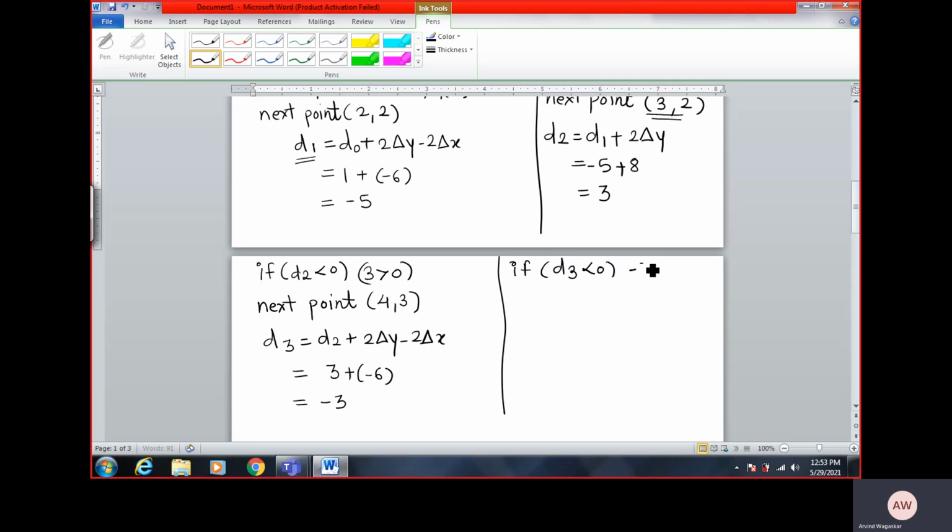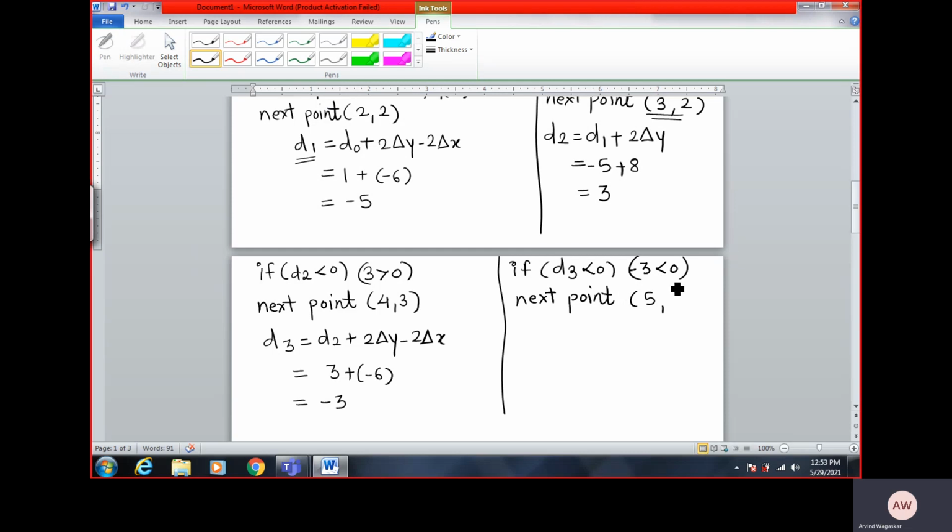Now you can see minus 3 is less than 0. If it is less than 0, the next point is you have to increase x, so it will be 5, and y will remain as it is.